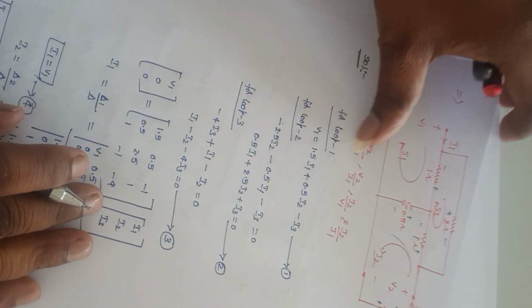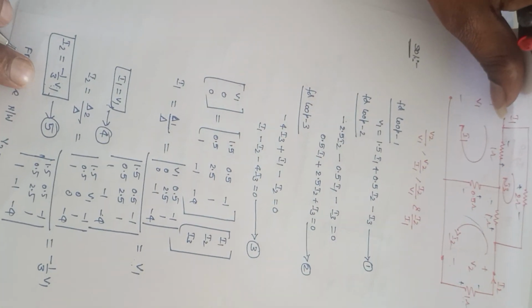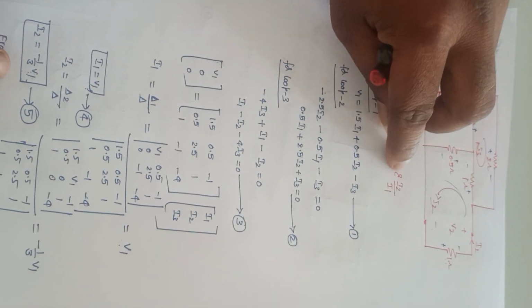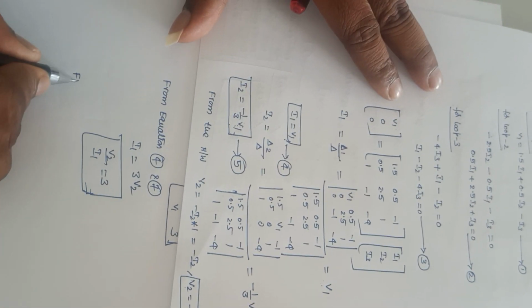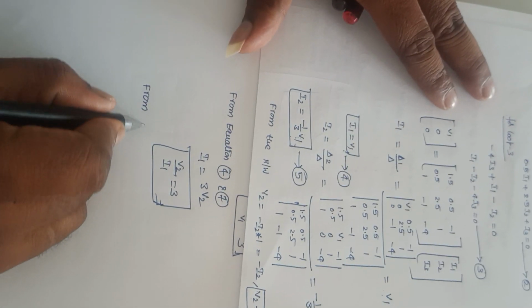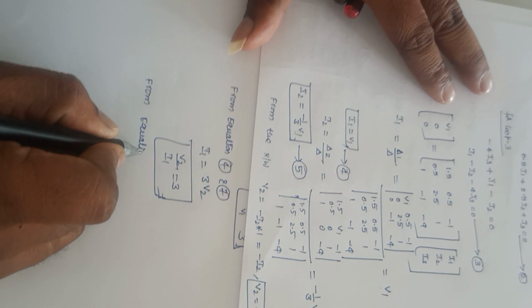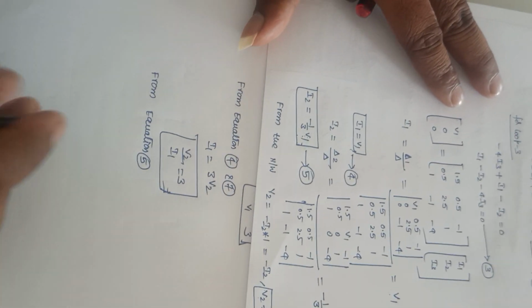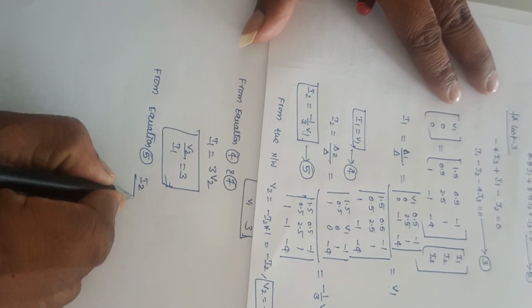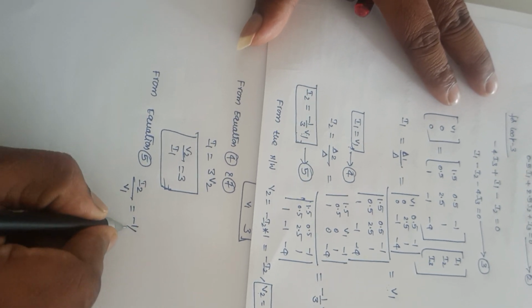Next, I2 by V1 can be calculated from equation 5 itself. I2 by I1 can be calculated by dividing these two expressions. From equation number 5, I2 by V1 is equal to minus 1 by 3.